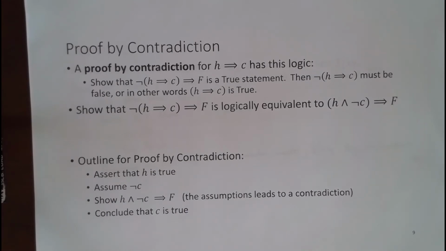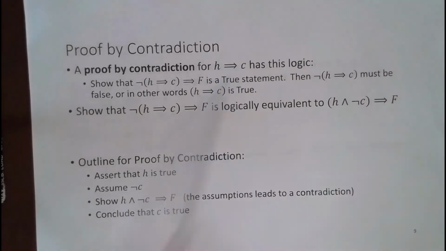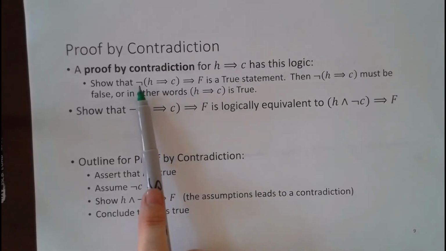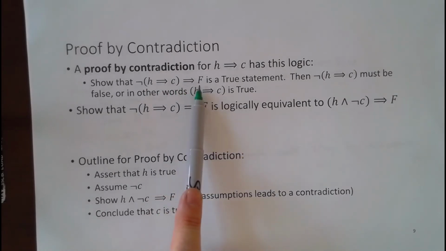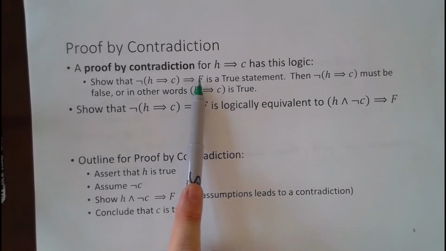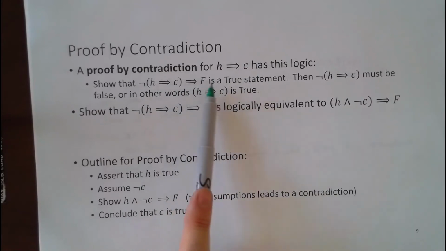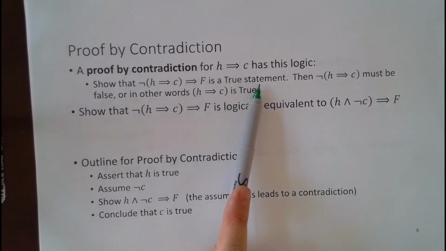Okay, so a proof by contradiction. Let's say you're trying to prove if this hypothesis, then this conclusion. The idea behind the proof technique is that I'm going to show that not H and C implies F, where F is false, so that this implication is true. Let's think about this.